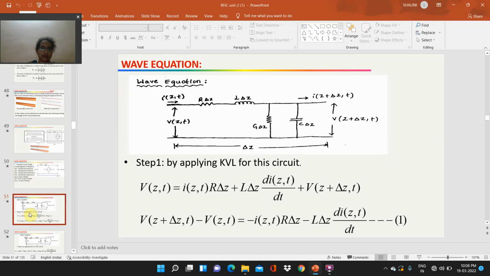Wave equation. Step 1. Now we are applying KVL for this circuit.